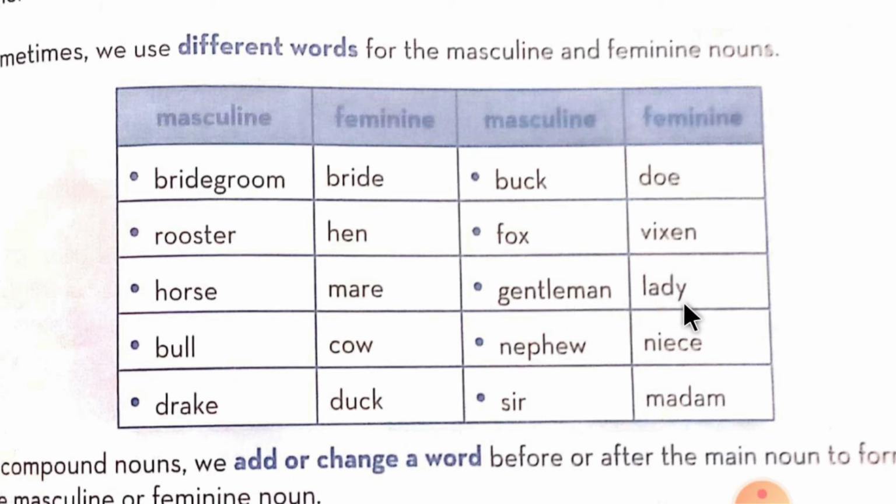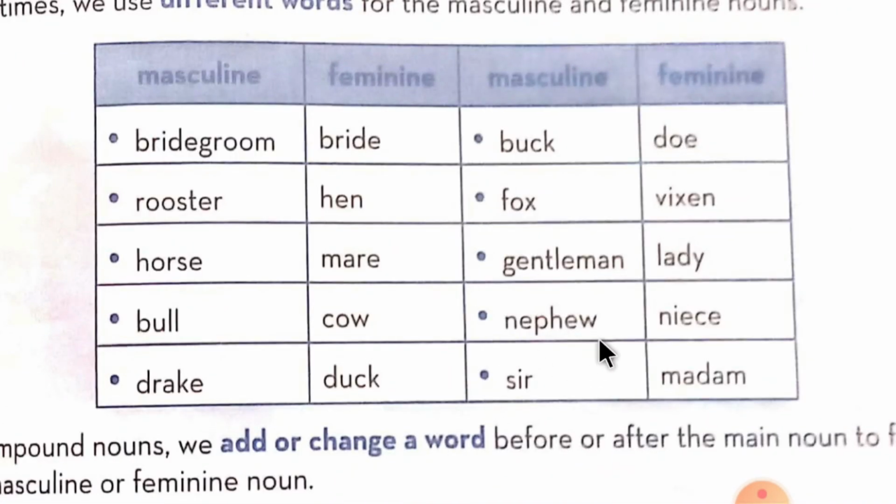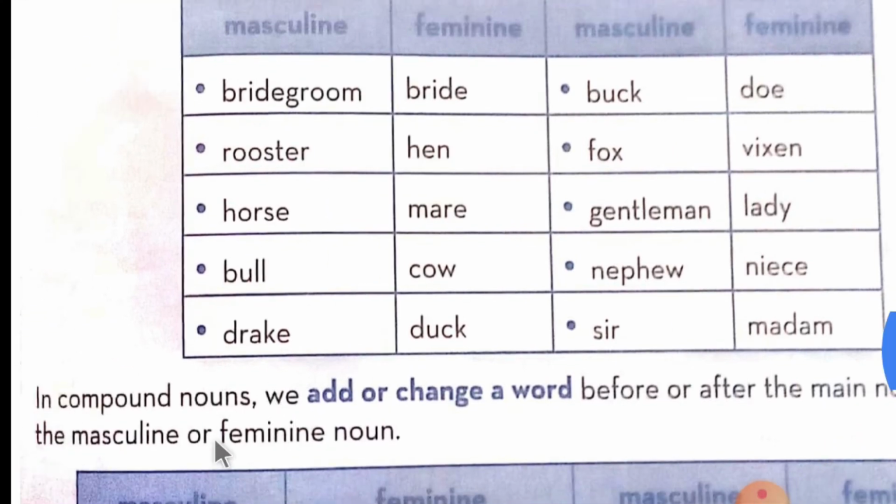What is feminine gender? Lady. Then nephew, that is masculine gender. Okay. For boy we are using nephew, but for girl we are using niece. That is feminine gender. For masculine gender we are using sir, but for feminine gender we are using madam. So in all these words, totally the different words we have to use. Now look at the another.